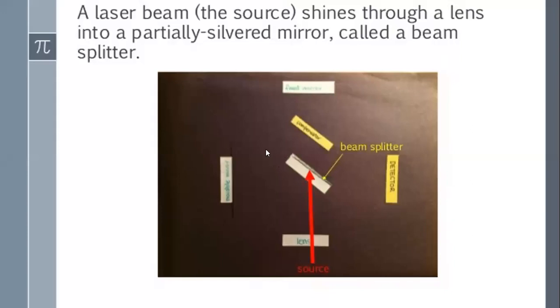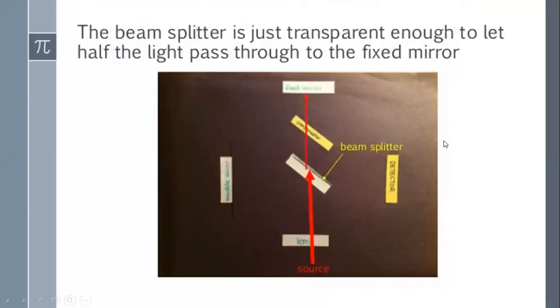So this is the beam splitter here. On entering the beam splitter, the beam splitter is just transparent enough to let half of the rays through to the fixed mirror.